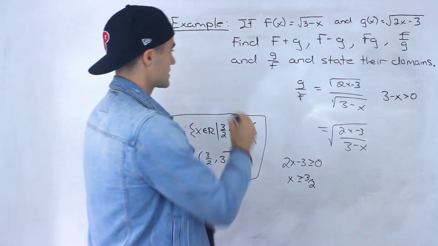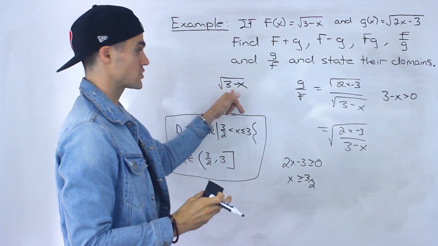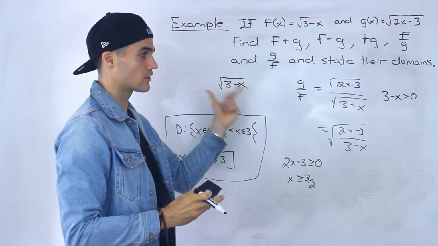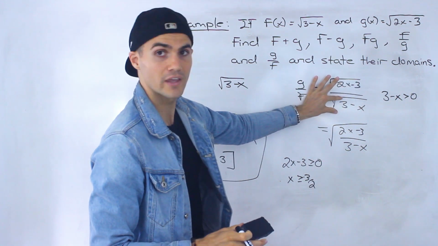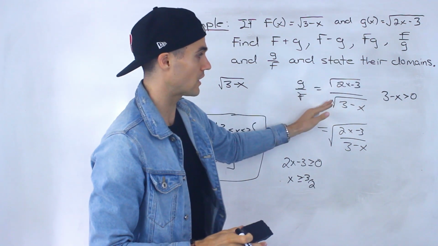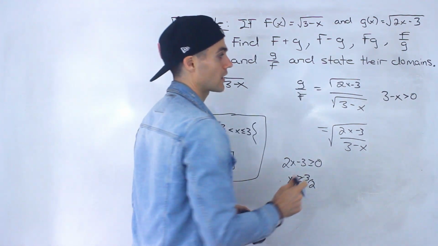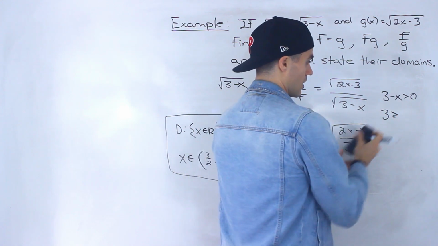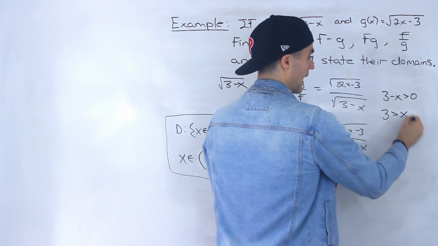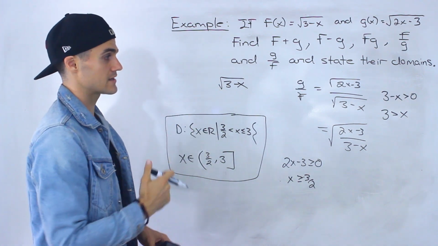If that 3 minus x was just given in a function, then that expression under the square root could be greater than or equal to 0. But in this case, that expression under the square root cannot equal 0, because if it equals 0, you'll have the square root of 0, which is 0, and you can't divide by 0. The denominator can't be 0. So we would end up having x is less than 3. Not inclusive of 3, just less than 3.